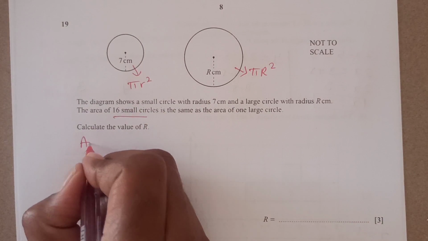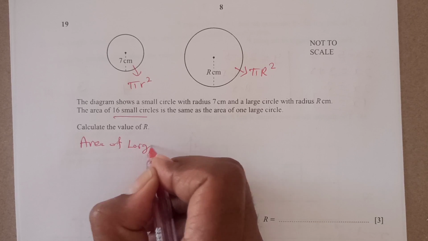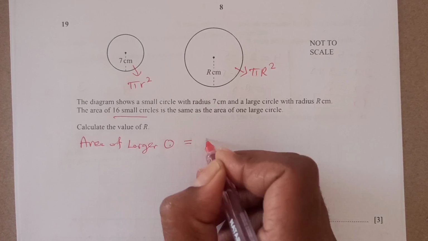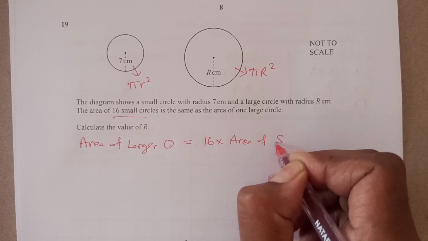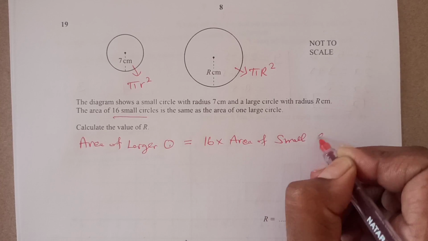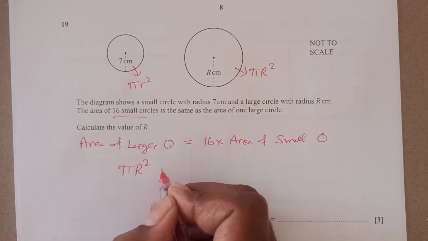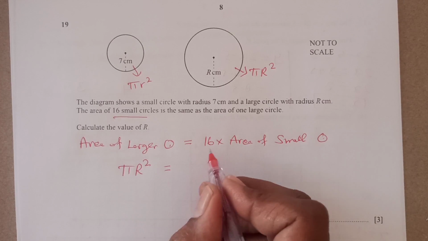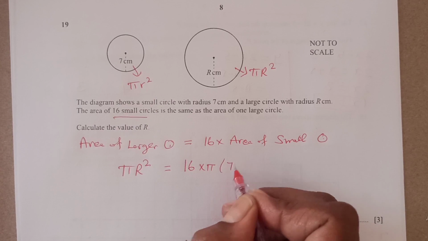So we have area of larger circle equal to 16 times area of small circle, right? So large circle is capital R, pi R squared, and this one is 16 times pi r squared, and r is 7, right?